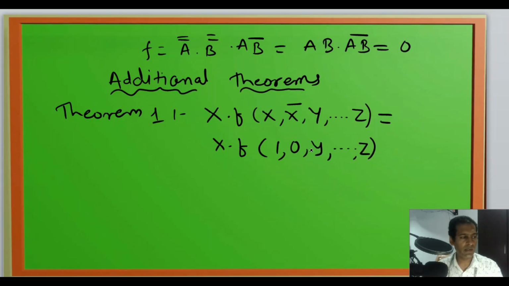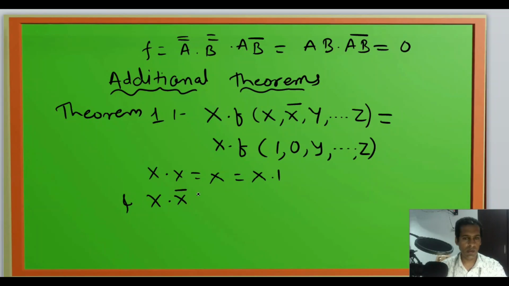This theorem states that if a function containing terms with x and x bar is multiplied by x, then all the x's and x bars in the function can be replaced by ones and zeros respectively. This is permissible because x dot x is equal to x, that is x into 1, and x dot x bar is equal to 0, that is x into 0.